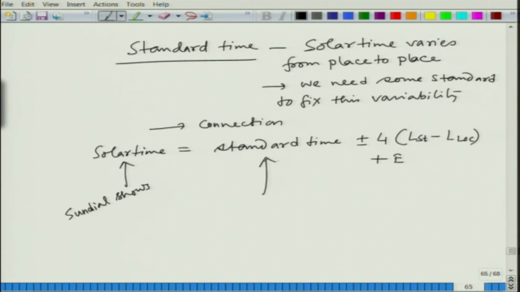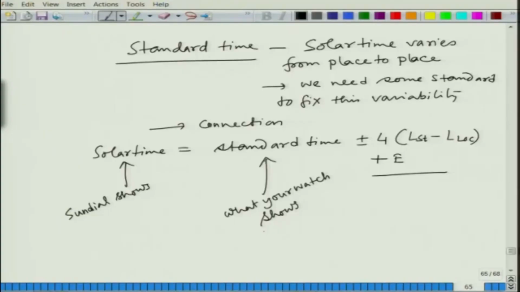and standard time is actually what your watch shows, okay, and how are they connected with these other things. If you are in Bombay, your watch and my watch, I am at Kanpur, both of them, if they are correct, are giving the same value. How is that possible? Okay.